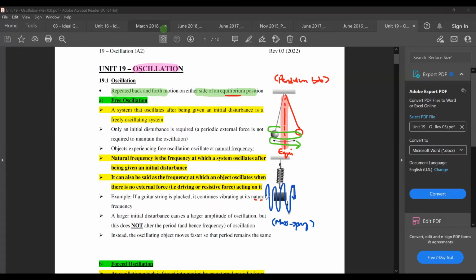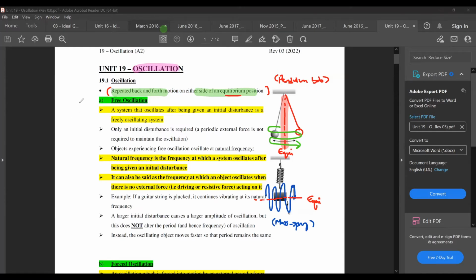In our case, this one is our equilibrium position. So this is what oscillation is in its simplest form: repeated back and forth motion on either side of an equilibrium position. Okay, so we just settle with this definition first.